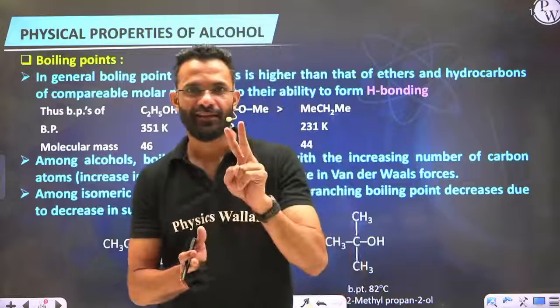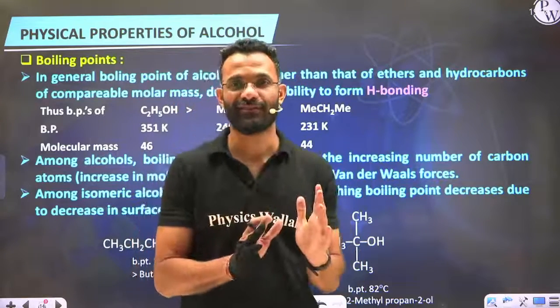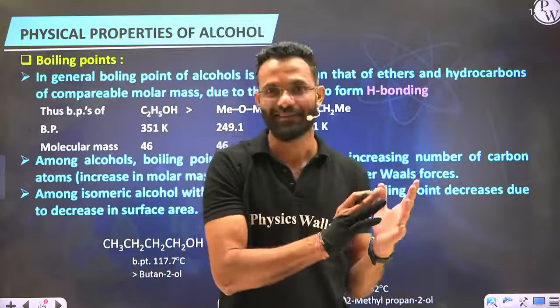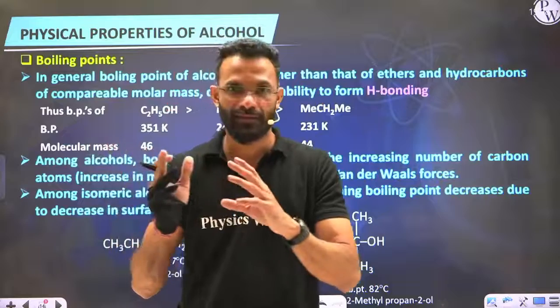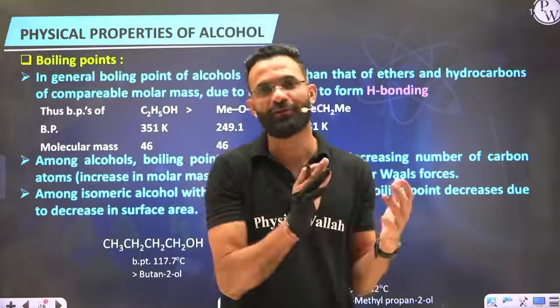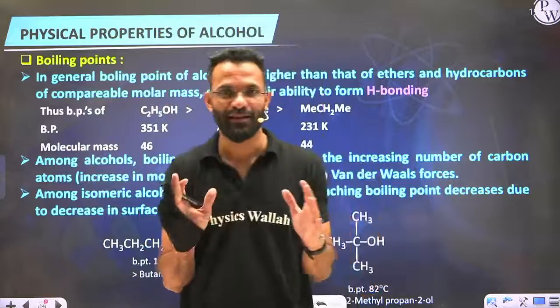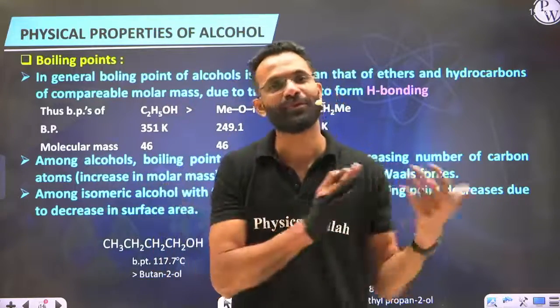Second, now we'll compare the boiling points among the alcohols themselves, but of different molar mass. Let's say we have n-propyl alcohol, then n-butyl alcohol, n-pentyl alcohol, like that. So all of them have the same functional group. There is no change in the functional group, but the molar mass is increasing from n-propyl to n-butyl to n-pentyl.